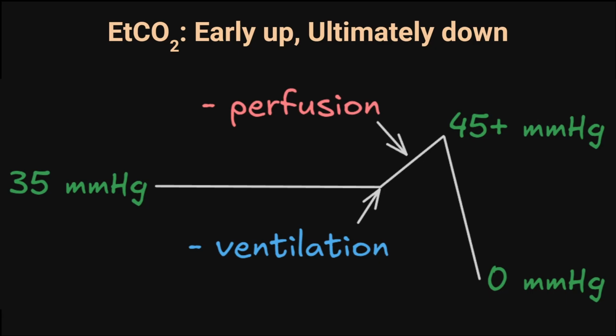In addition to that, we are also going to start to have a problem with perfusion, because as we are hypoventilating, our cells will start to die. So now we have hypoventilation and a lack of perfusion, as our cells start to die, they can't transport it, and we have all kinds of other processes happening. We have a buildup of lactic acid due to anaerobic metabolism.